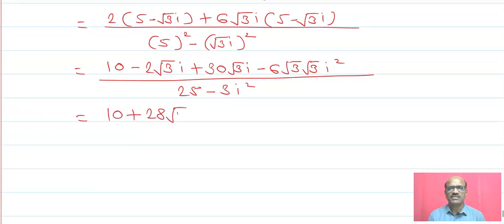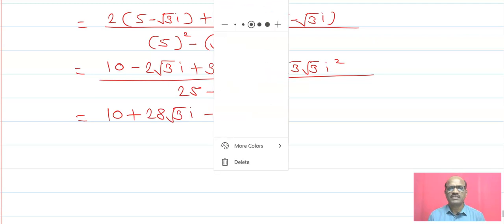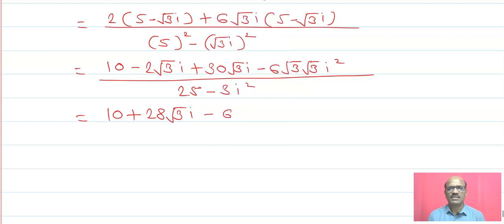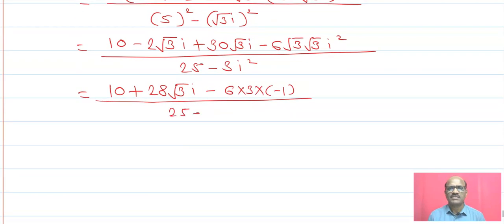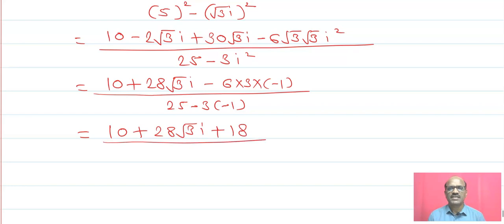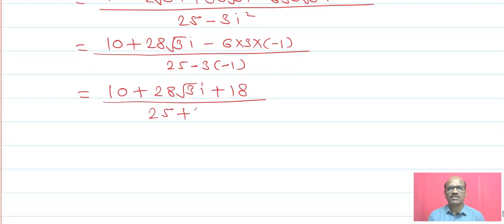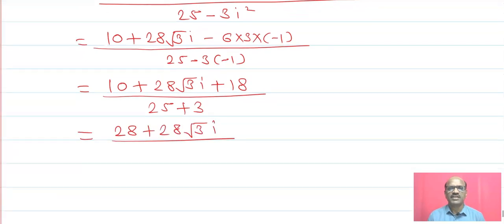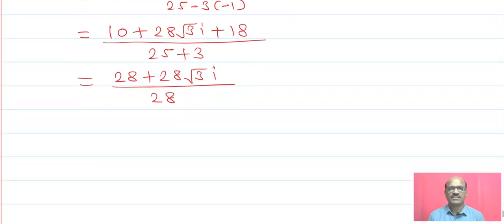Then you will get 10 plus 28 root 3i minus 6 into 3 into minus 1, upon 25 minus 3 in bracket minus 1. After simplification you will get 10 plus 28 root 3i plus 18 upon 25 plus 3, that is 28 plus 28 root 3i upon 28.